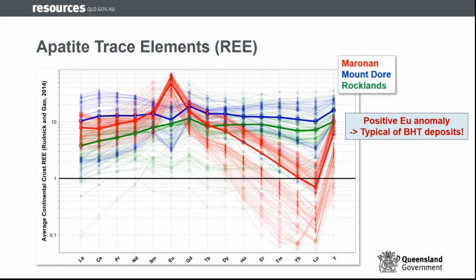And you can see this red flag for Maronan. I've collected thousands of analyses for apatites from a range of igneous rock types, and I've never seen a positive europium anomaly. We can discuss the nature of this positive europium anomaly, why it happened, later on. We have some ideas, but if you have more, we'll be happy to discuss.